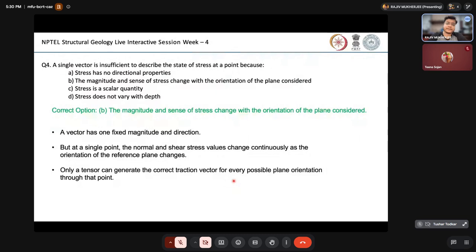So if and only if the stress at a point is in equilibrium, then we can describe the thing entirely with a symmetric tensor. But if that stress at a point is not in mechanical equilibrium, then we cannot use this symmetric tensor to describe the entire state of stress at a point.